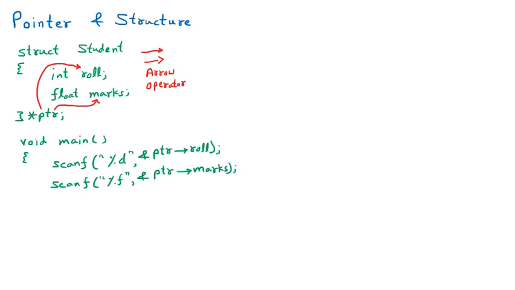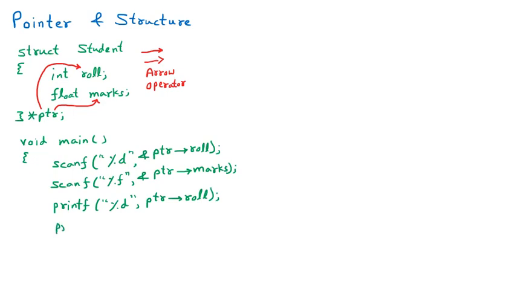Now afterward, if I have to print, we know it, we will write printf %d comma, and from the pointer we access the roll number.